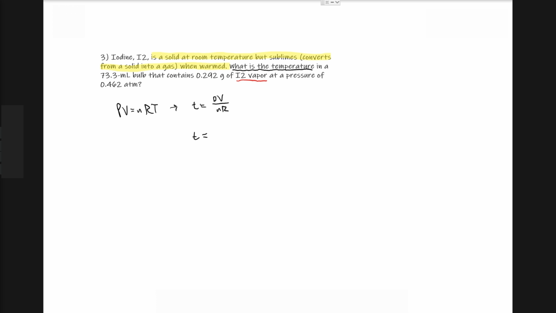Temperature is equal to pressure. We have pressure right here, 0.462 atmospheres, so 0.462 atmospheres times volume. Volume is 0.0733 liters. And by the way, if you're not sure how I got that, look over here.